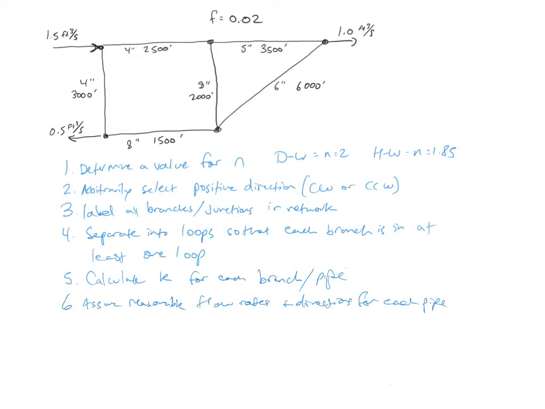You'll see in the example that here we want to make sure we meet our first criterion, that flows entering a junction equal flows leaving a junction, when we make these initial assumptions. Number 7, we're going to calculate delta Q for each loop.